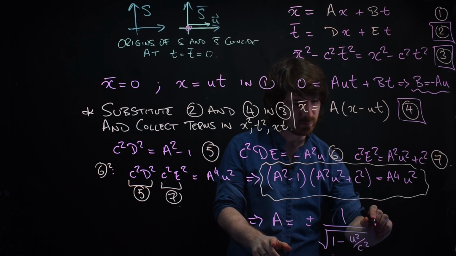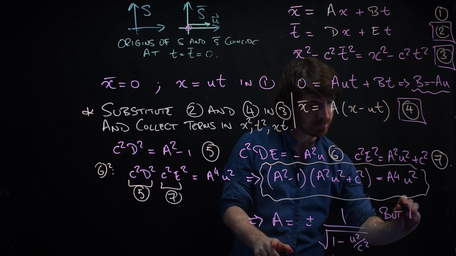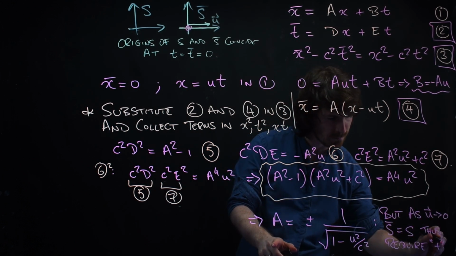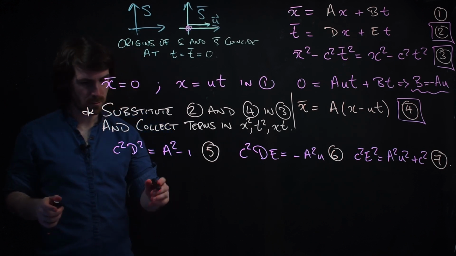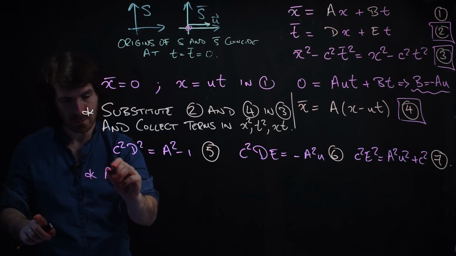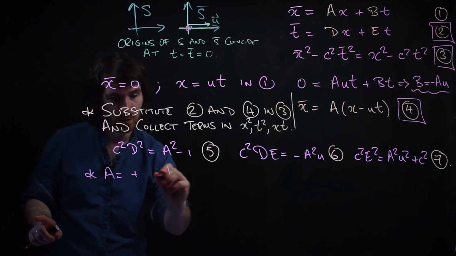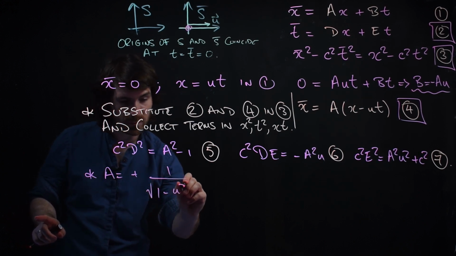Okay, so we found that a equals plus 1 over the square root of 1 minus u squared over c squared.